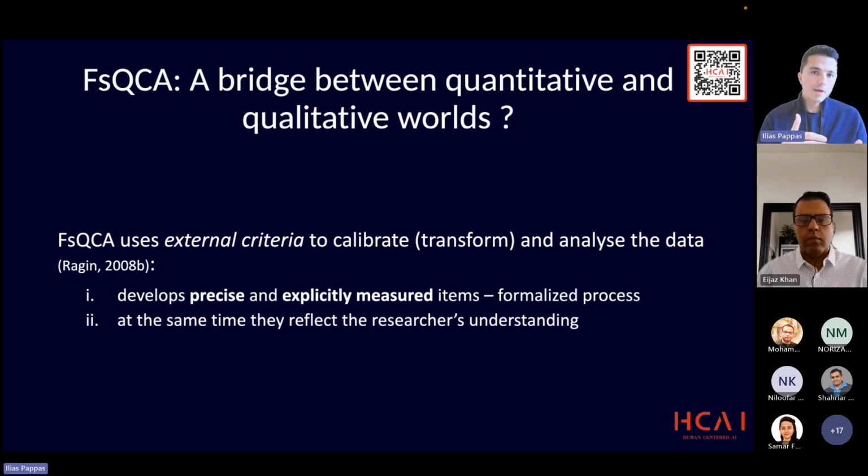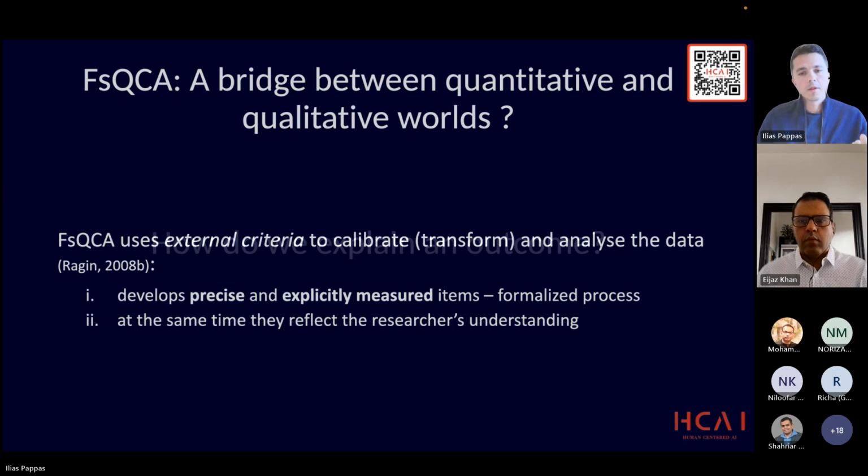To some extent, fsQCA allows us to do that while we're doing the analysis. The first part where this happens is with the calibration, and I'll explain later what we mean by calibration. Very simply, it is when we transform the data from what they are, on a 0 to 1 scale, to the fuzzy sets. We'll get back to that.